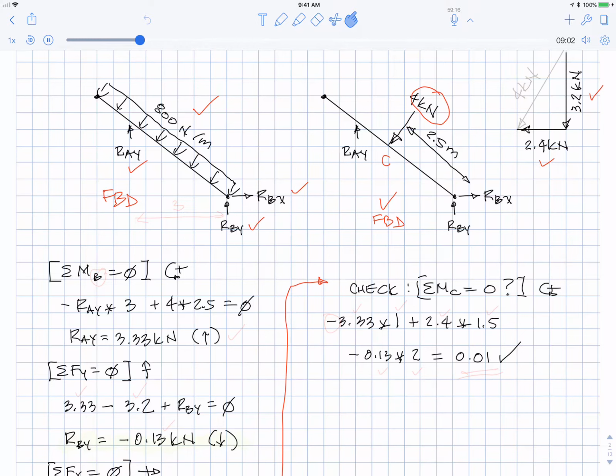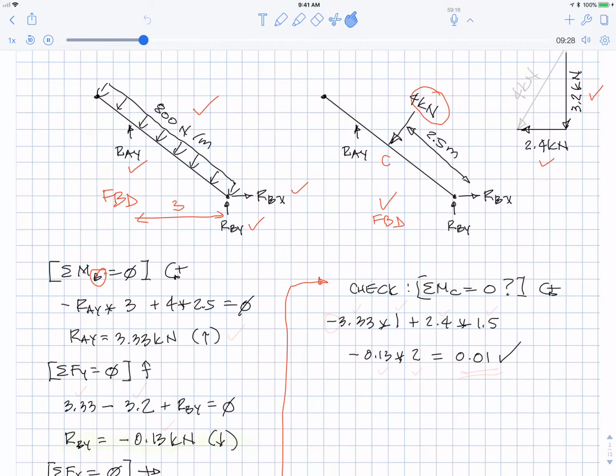Okay, we're ready to start. I noticed when I looked at it, there's 2 unknowns at B, so I took moments about B. That will let me solve immediately for the reaction at A. So taking moments about B, I'm taking counterclockwise as positive. RAY, its perpendicular distance here is 3 meters if you look carefully at the picture.